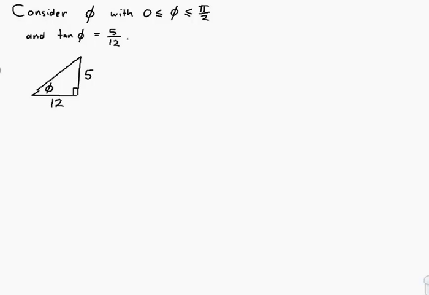And then tan phi would be 5 on 12. By Pythagoras' theorem, the hypotenuse is the square root of 5 squared plus 12 squared, which when I use my calculator comes out to 13.